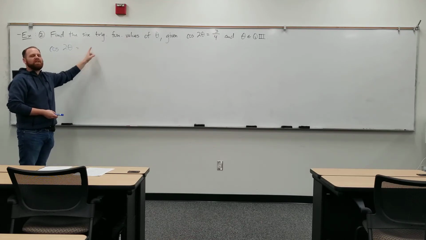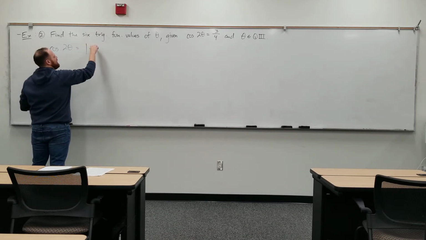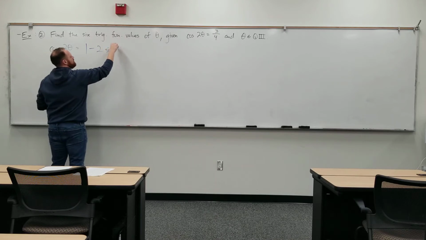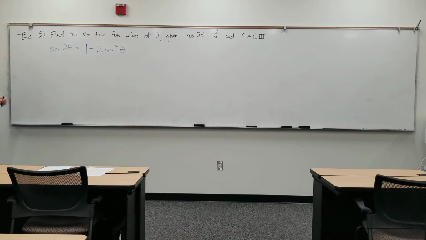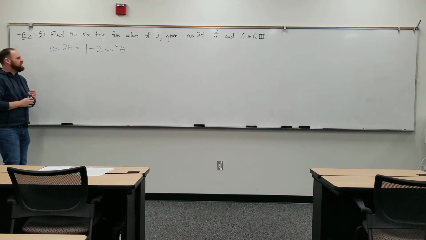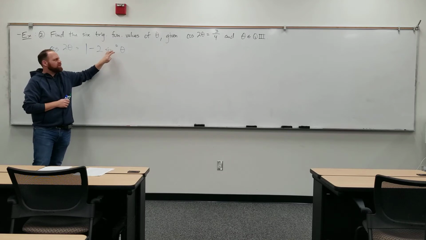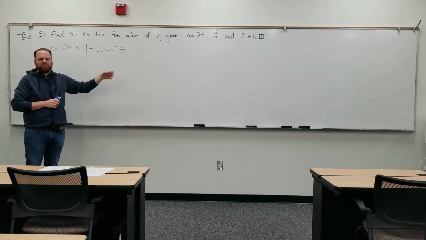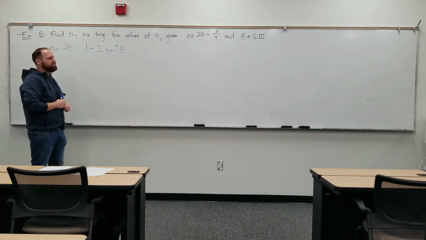So I'm going to get 1 minus 2 sine squared theta, right? Okay, and now this is nice because I know what this is. I can solve for this one. Once I've solved for this one, I can make a little right triangle and get all of the rest of the trig functions pretty easily from there.